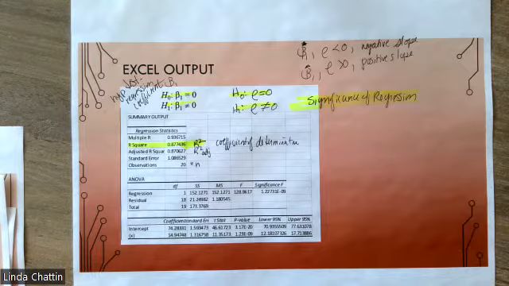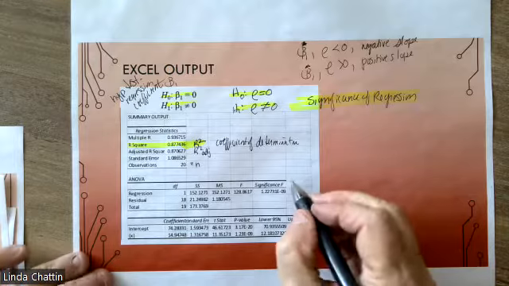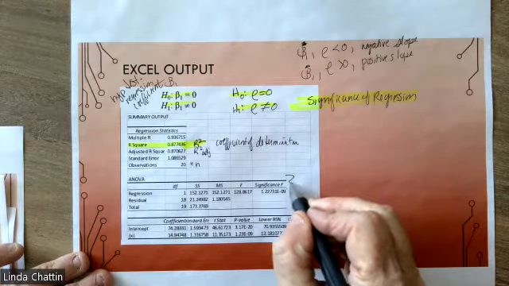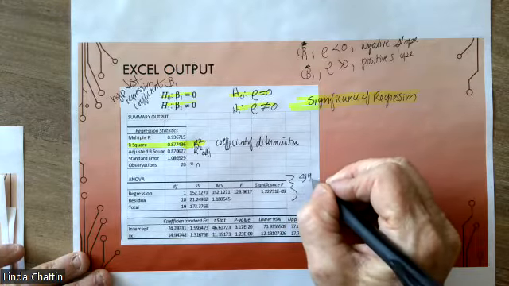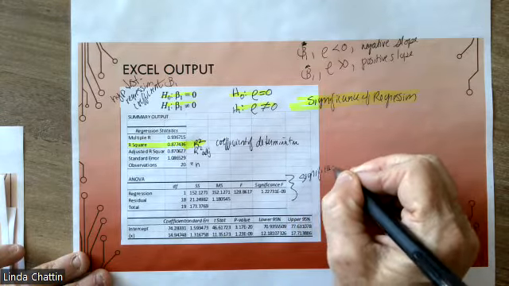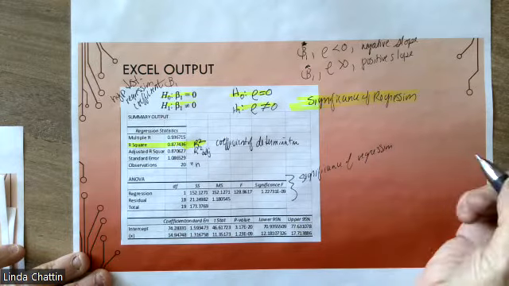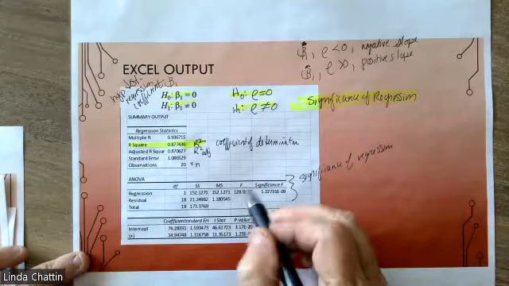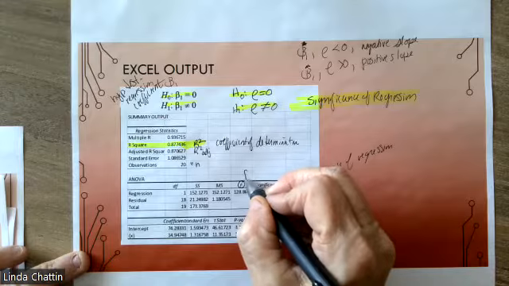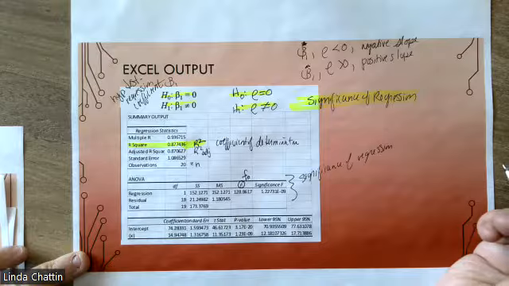Now, remember, I said that there was going to be a test for the significance of regression. This is also called the significance of regression test here. You're going to notice here, this is actually an F naught test statistic.